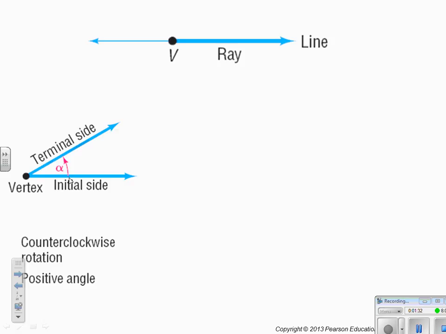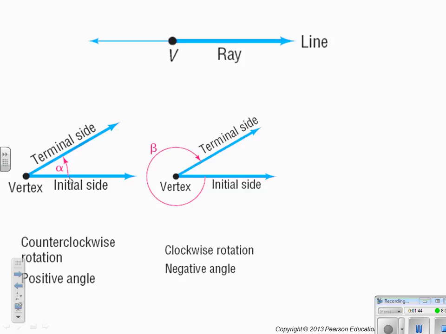So we have a vertex, an initial side, and a terminal side. Counterclockwise is considered positive, and we usually will rotate counterclockwise. If your angle is negative, that means you are going clockwise.